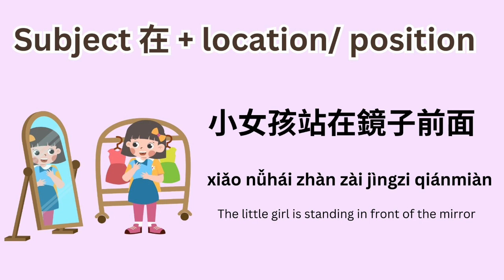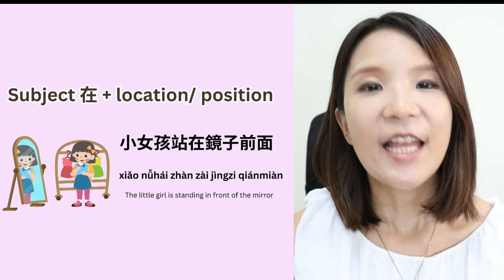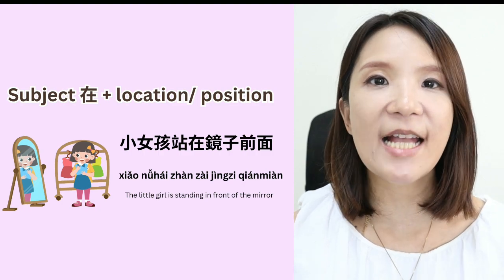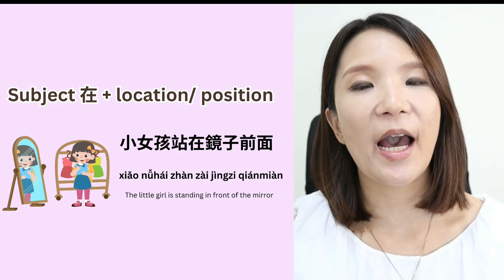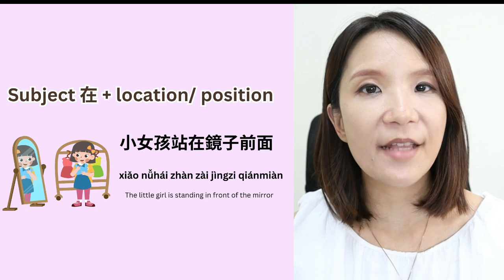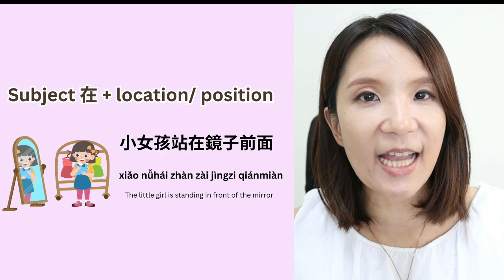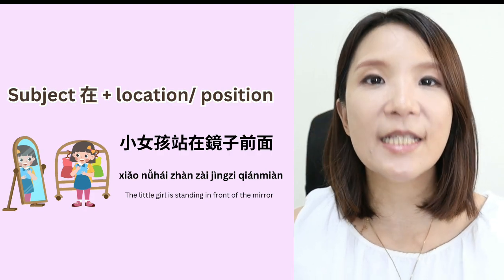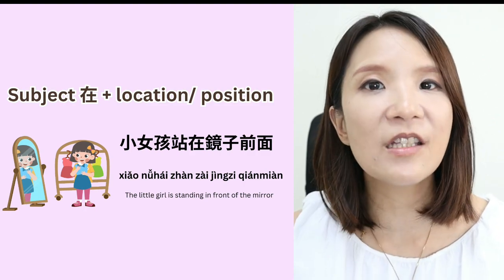Next one. You see a little girl in front of the mirror. How do you say the little girl is standing in front of the mirror? In Mandarin, we would say 小女孩站在镜子前面. 小女孩, the little girl, 站 is standing, standing at. 站在, so 在 is the preposition. 站在, and then the position is 镜子前面, in front of the mirror.